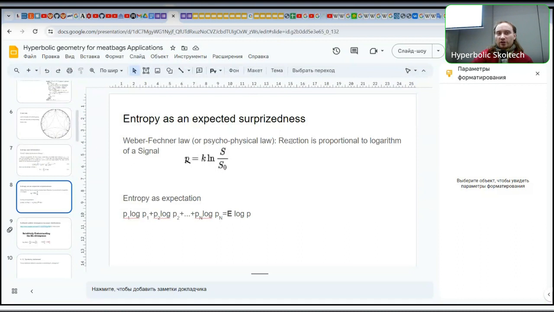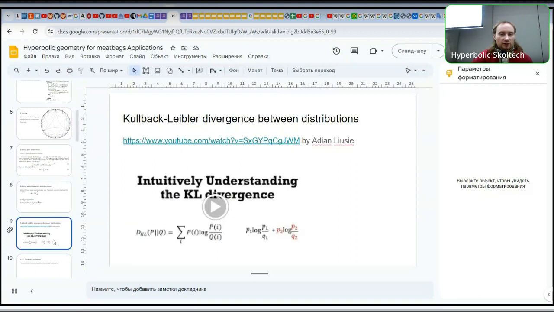This is a relation between neurons, and we can think about entropy as the mathematical expectation of the logarithm of probability, which can be considered as the expected surprise of our process. Okay.